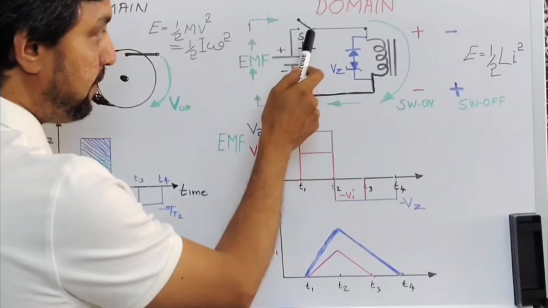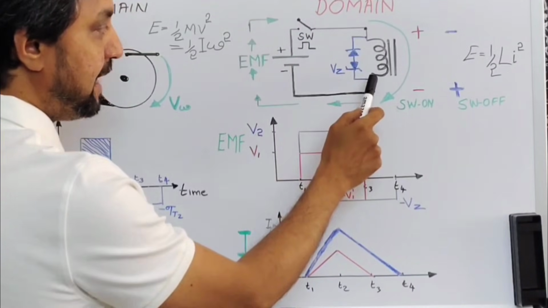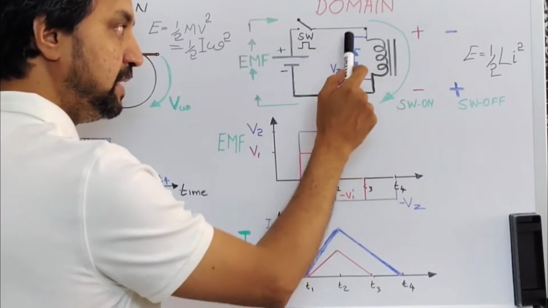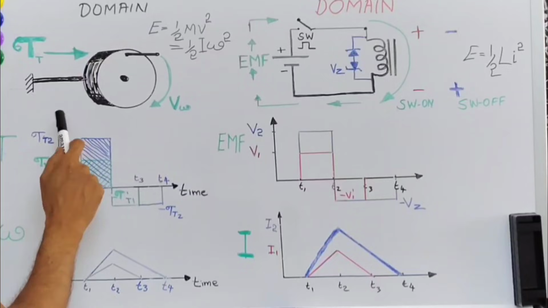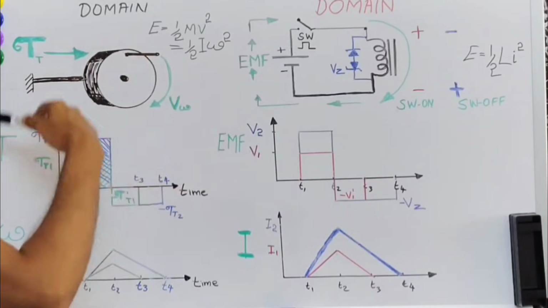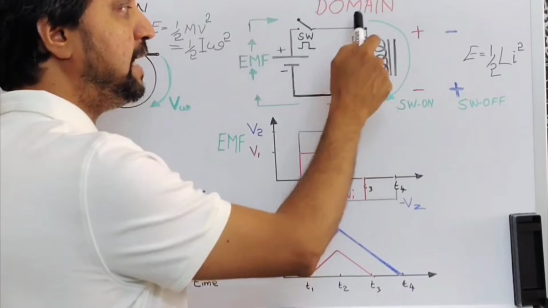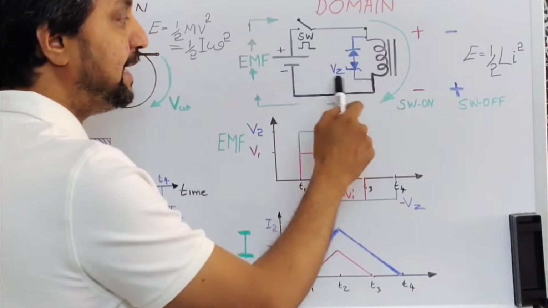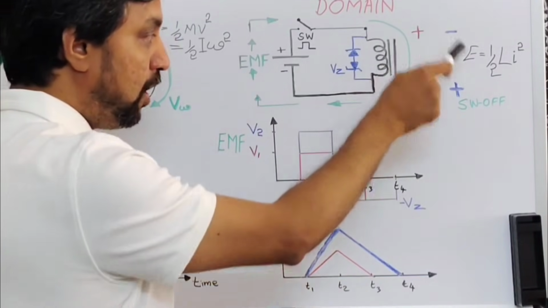And when you abruptly stop this by means of the switch, you can see that I have provided a discharging circuitry, a path for the inductor to discharge. Just like in the case of this inertia wheel, where the wheel tried to maintain its motion, the inductor will try to push the same flow of current through the device, and it can create a force, a voltage in the opposite direction.